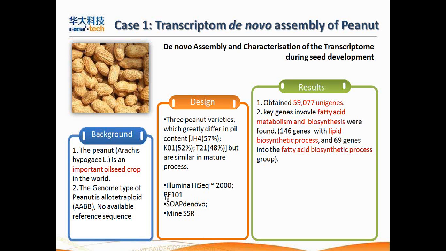The sequencing strategy they used is PE100, which means sequencing 100 nucleotides from both ends, with PE meaning paired-end, using Illumina HiSeq. And as a result of the novel assembly, they got this number of unigenes for the peanut transcriptome.